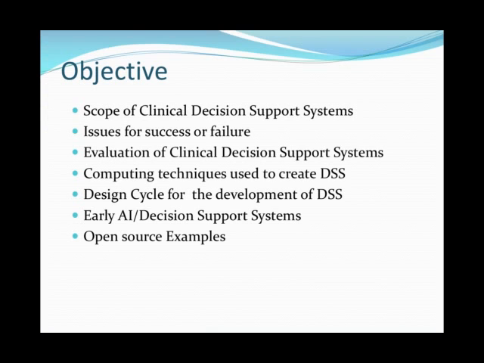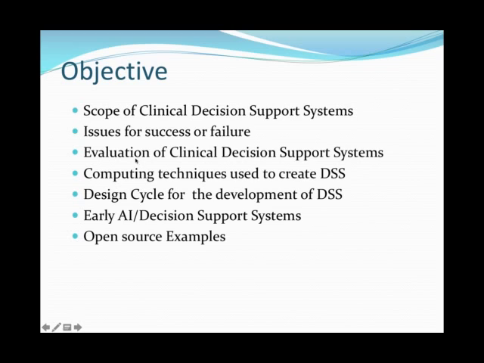So we're going to talk about clinical decision support systems, where we can use them, like the scope of them, where in medicine we can use them, things that make a good clinical decision support system and one that might be a failure.